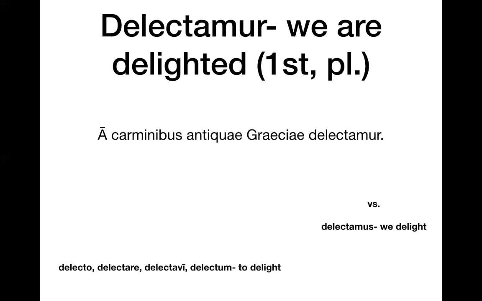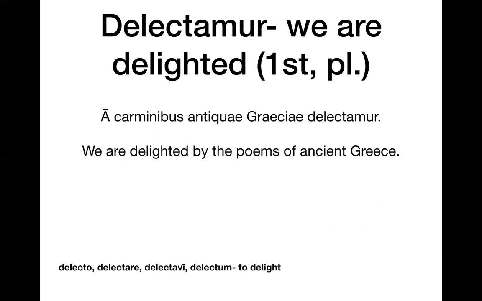By. It's actually like we are delighted by the songs of ancient Greece. Yeah, of the ancient Greece. Graecia is Greece, the place, where Greek is Greek. So yeah, that's just a sentence example of delectamur.